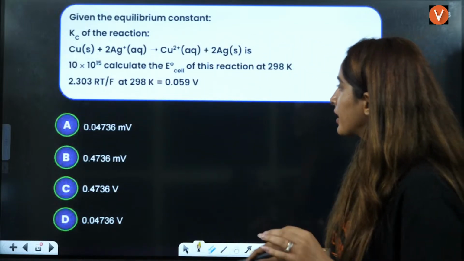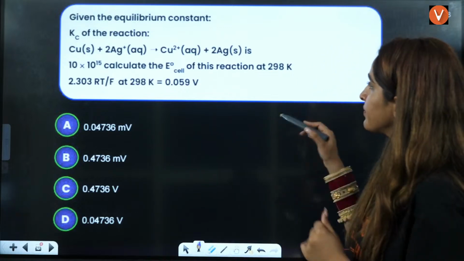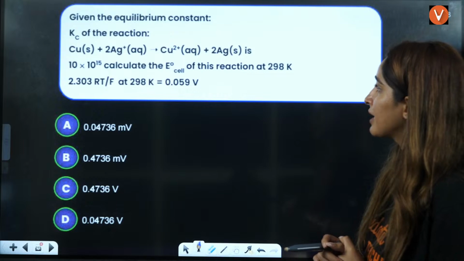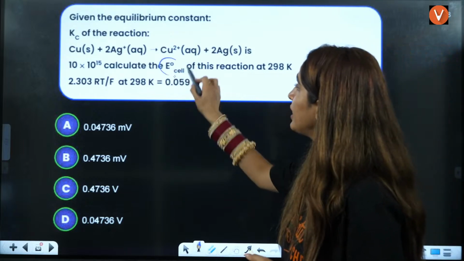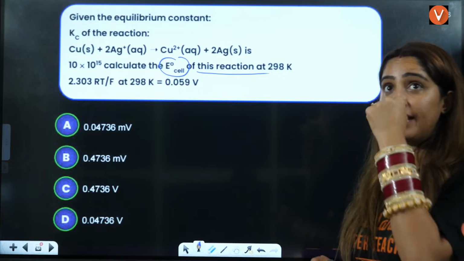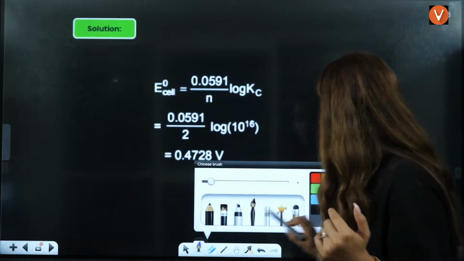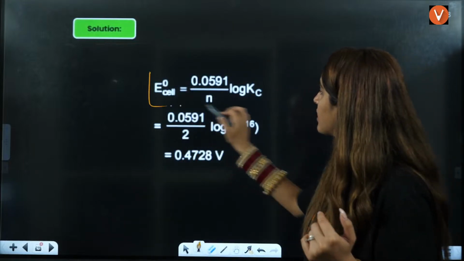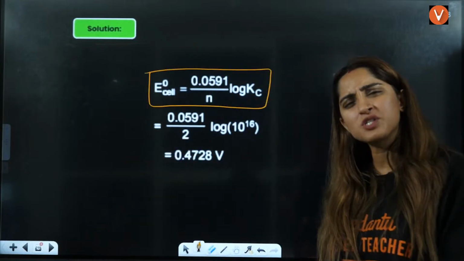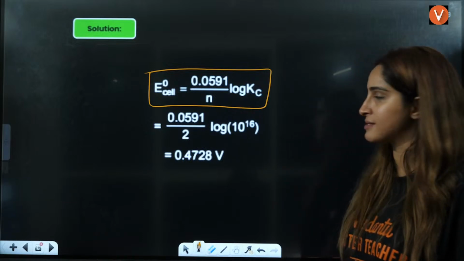Okay, so given the equilibrium constant here, this is given to you. Calculate E naught value of this reaction. So the relation between E naught and the equilibrium constant is this equation. In the Nernst equation only, we have put E cell equals 0 and QC equals KC. Right?